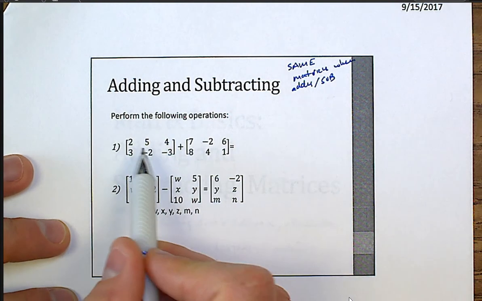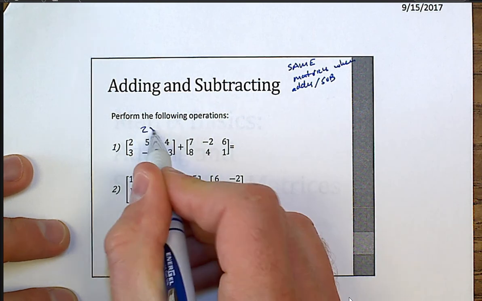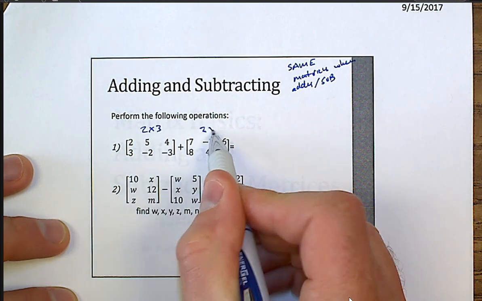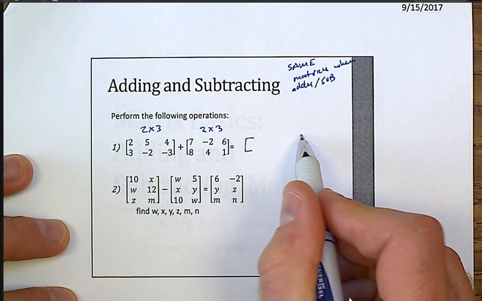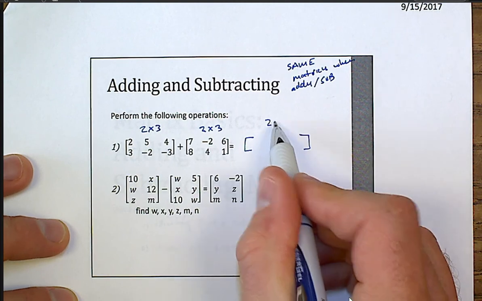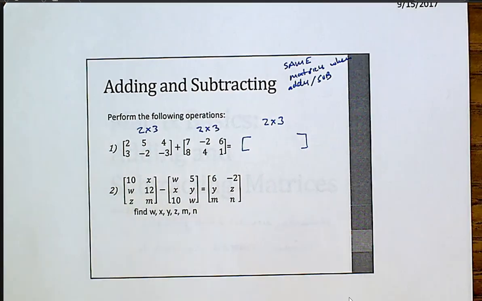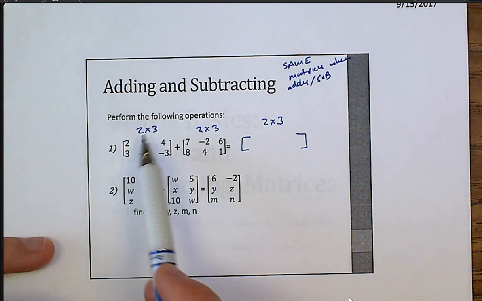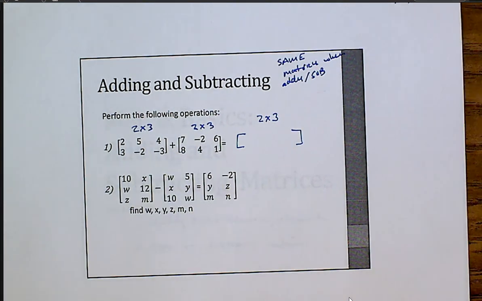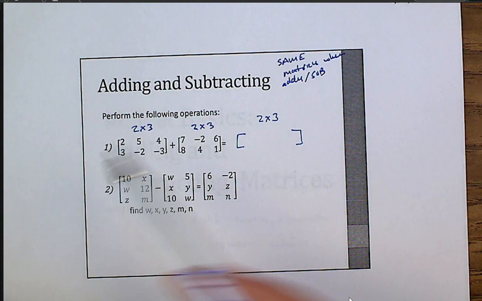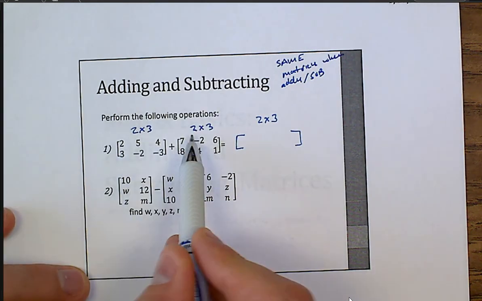That's 2 by 3. This has to be a 2 by 3, and your final answer is going to be a 2 by 3. You can't add or subtract different identifications of matrices like a 3 by 1 plus a 2 by 4. You can't do that. They have to be the same. 2 by 3 gives you a 2 by 3.